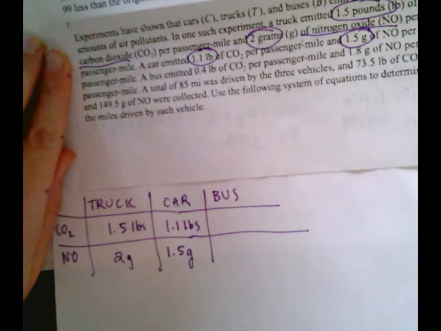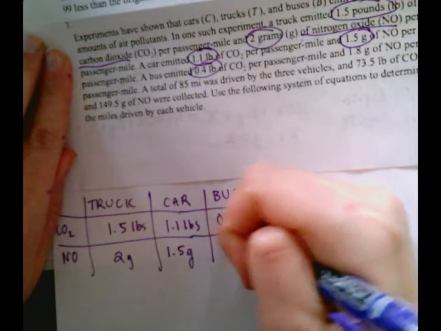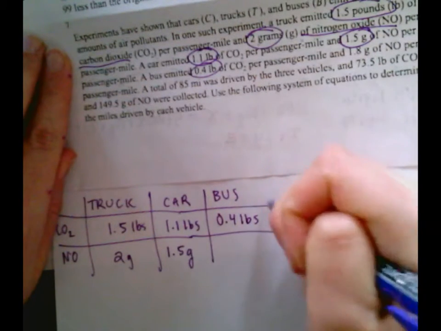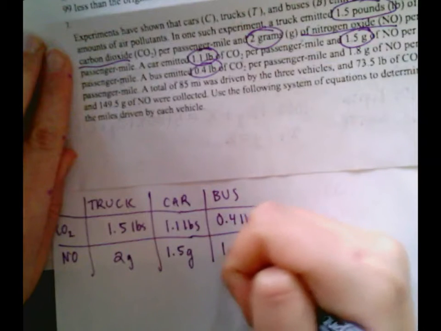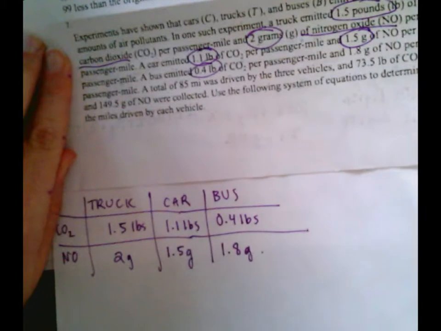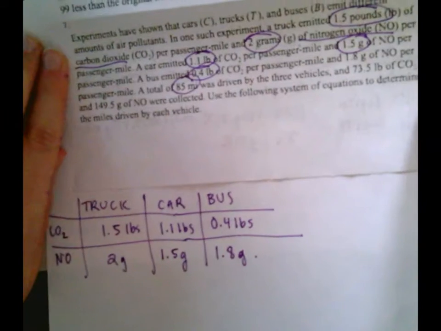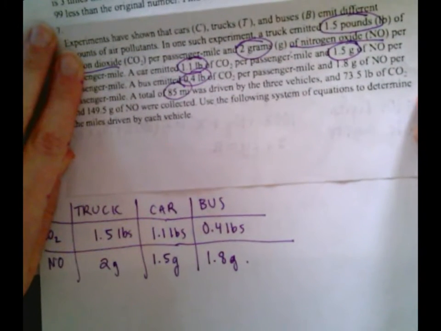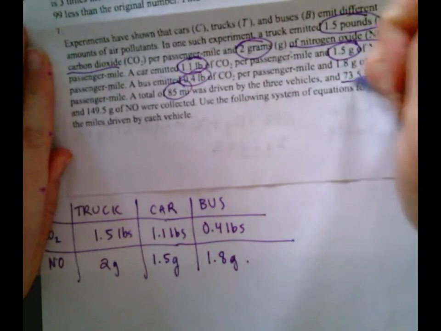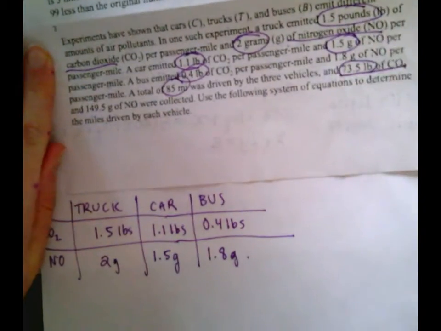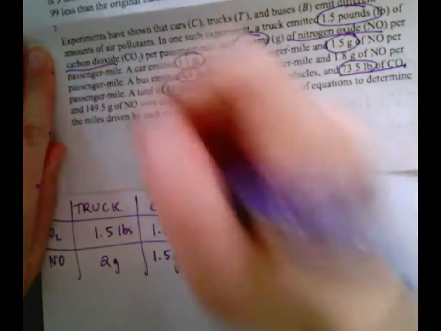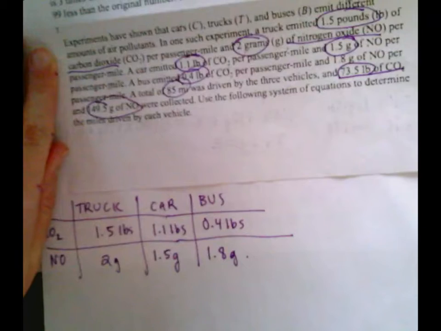The bus has 0.4 pounds of CO2 and 1.8 grams of nitrogen oxide. Okay, now the last sentence says that there's a total of 85 miles driven and there's a total amount of CO2 and a total amount of nitrogen oxide, right?